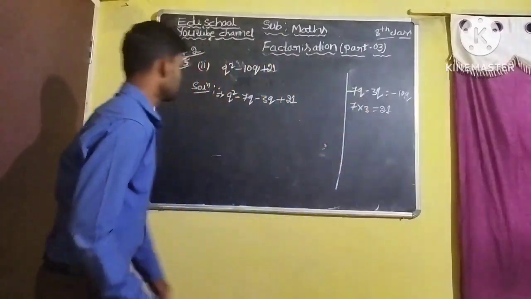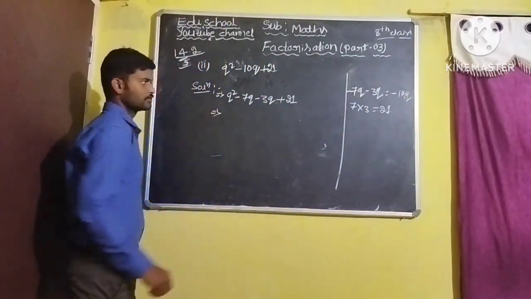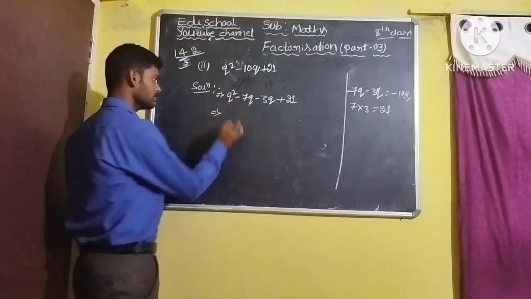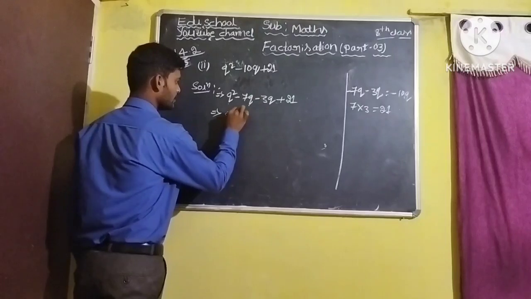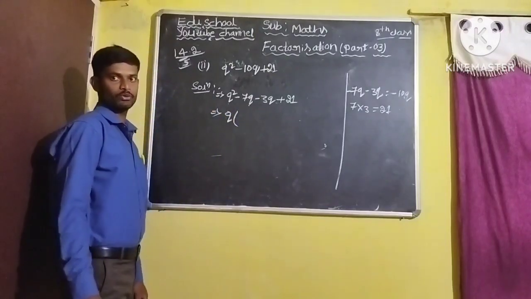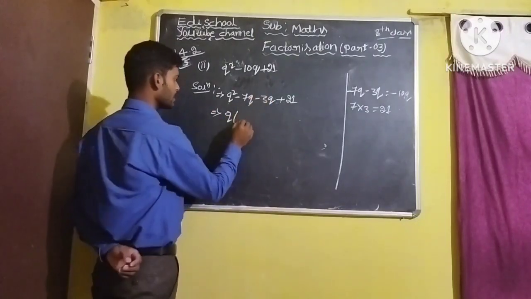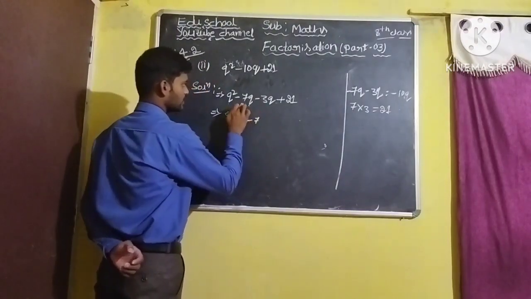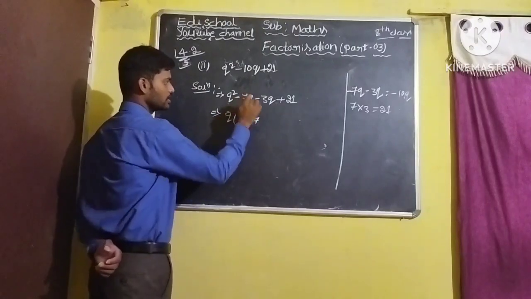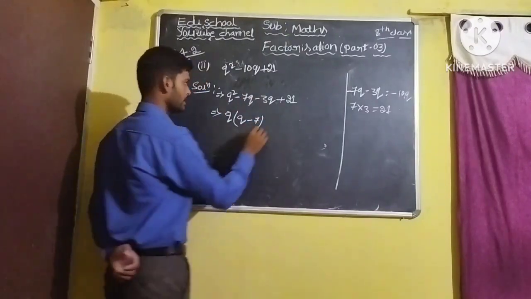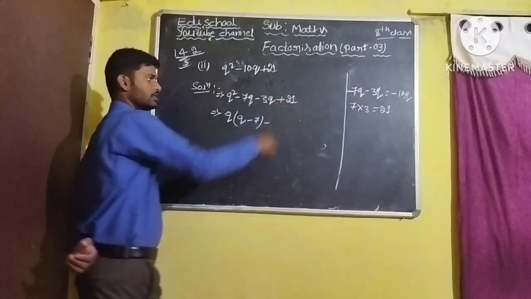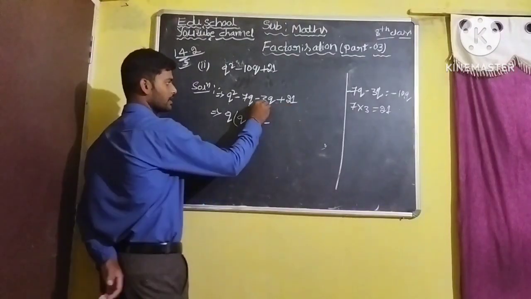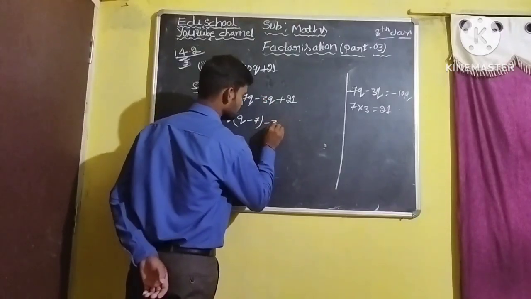So listen, in the next step, here q is there, here q is also there. So that's why I am taking q as common. Remaining, from q square, taking q common, remaining is one q. Then in minus 7q, I have taken q common, what remains is 7. Minus, here 3 and 21 are coming from the third table, so that's why I have taken minus 3 as a common.